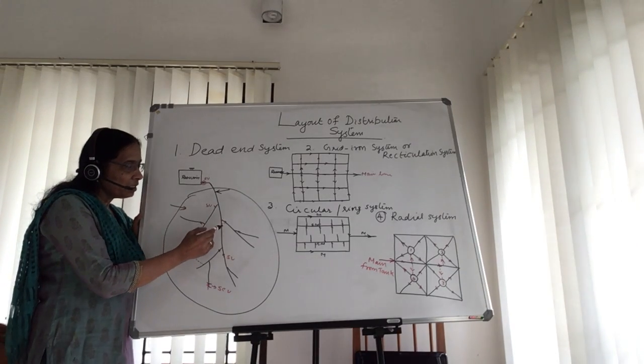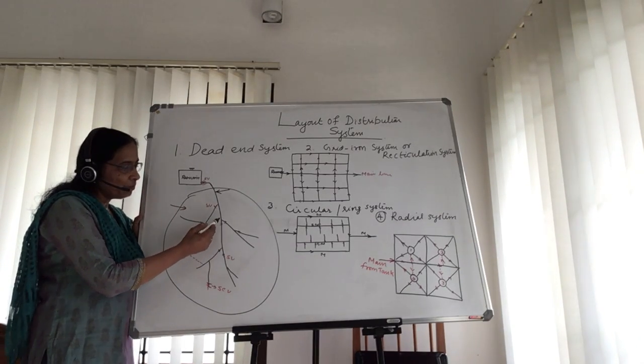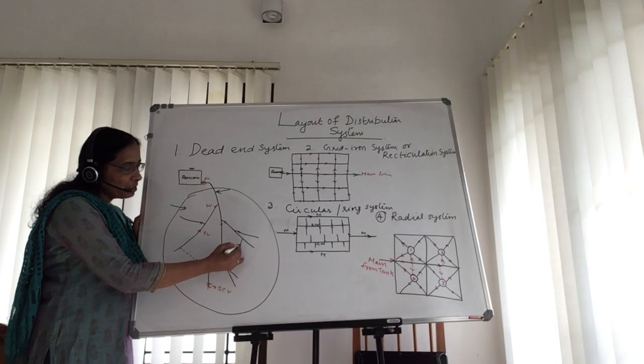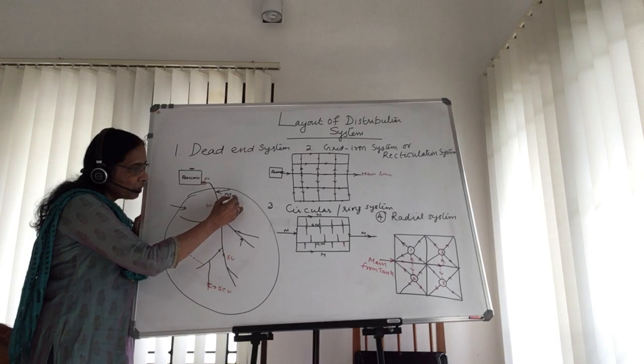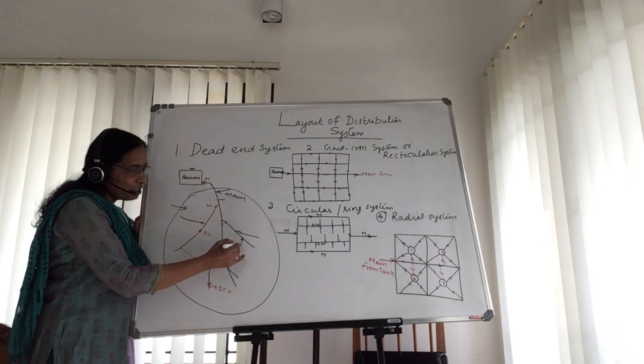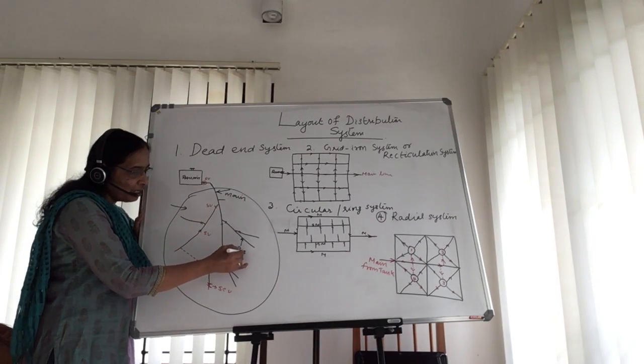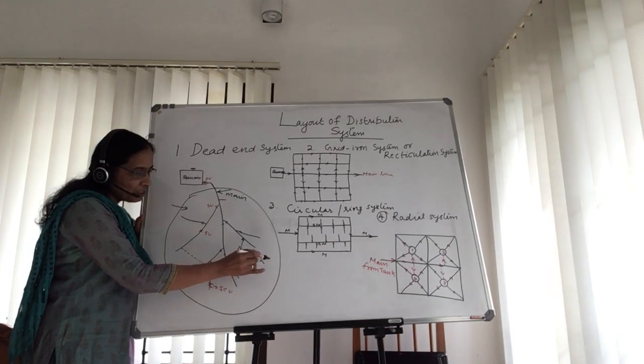Now here you can see that from the main line we placed the sub mains. So this is the main line, and you can take this as a branch line.